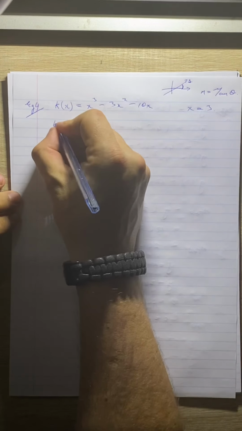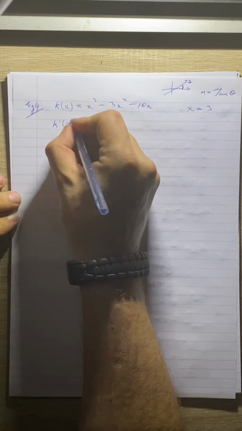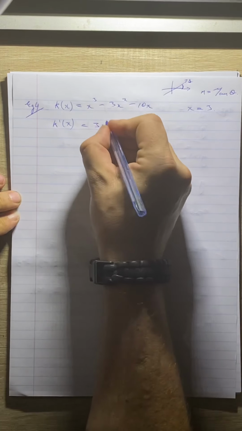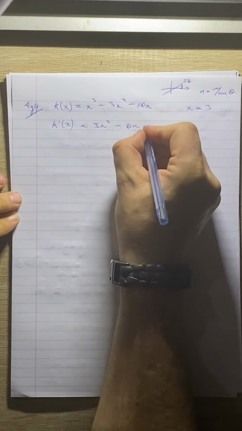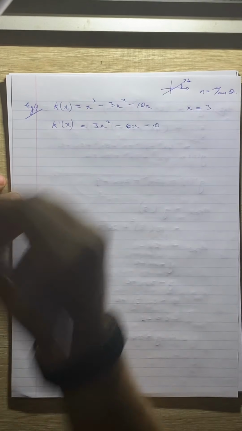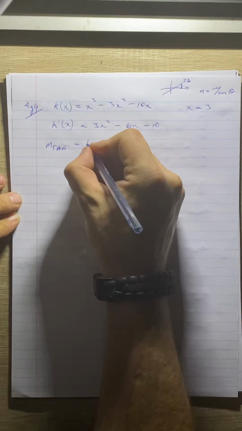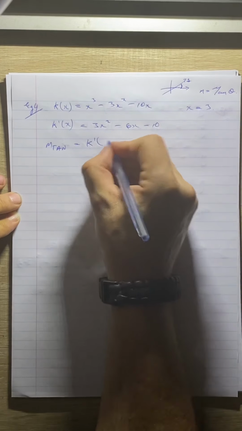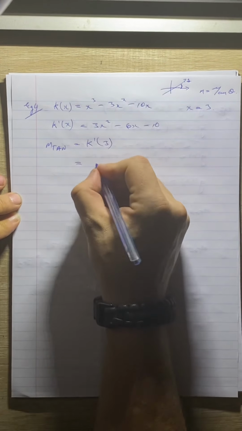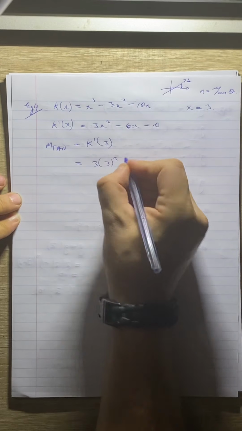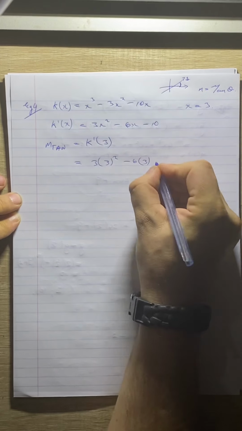So first step is to differentiate. k dash of x is equal to 3x squared minus 6x minus 10. So the gradient of the tangent will be equal to k dashed of 3. And we get 3 times 3 squared minus 6 times 3 minus 10.